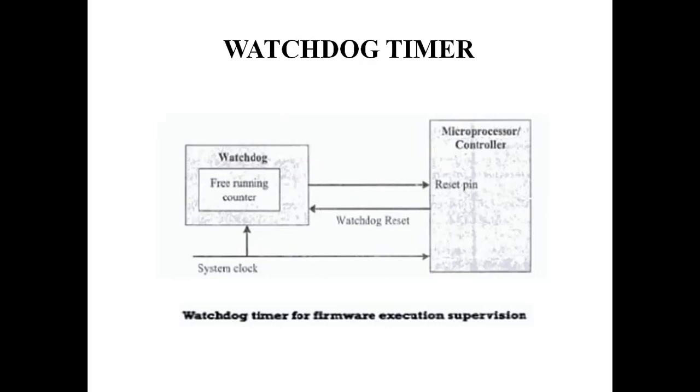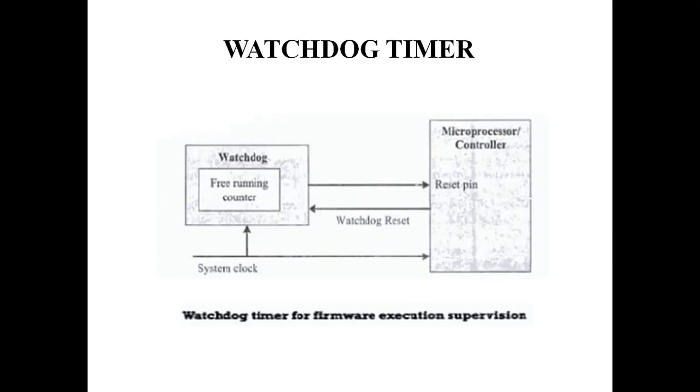When the program execution ends up stuck, the watchdog timer monitors the firmware execution, depending upon the internal implementation. The watchdog timer increments or decrements a free running counter with each clock pulse and generates a reset signal to reset the processor.